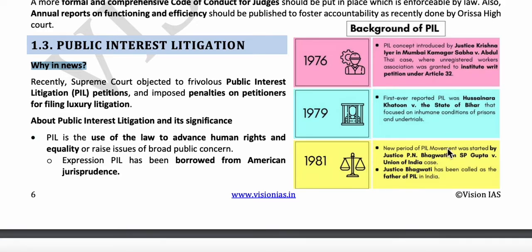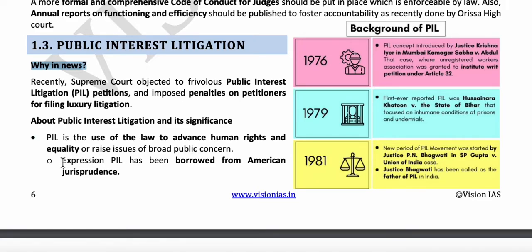This case is also known as the first judges case, and the PIL was filed by Justice P.N. Bhagwati, who is called the father of public interest litigation. The concept of PIL was borrowed from the American judiciary.